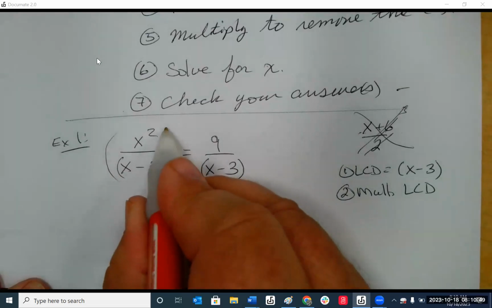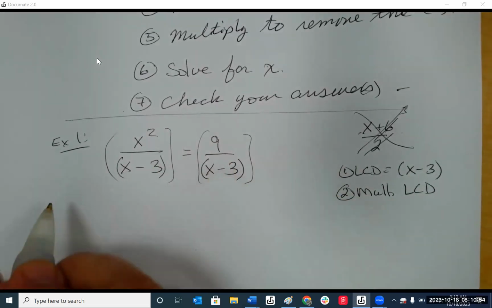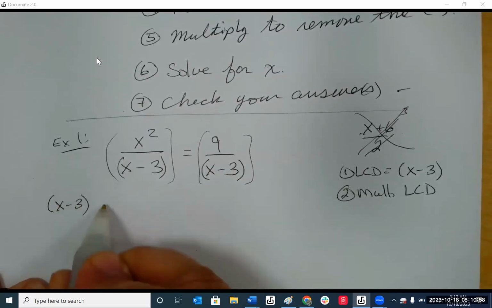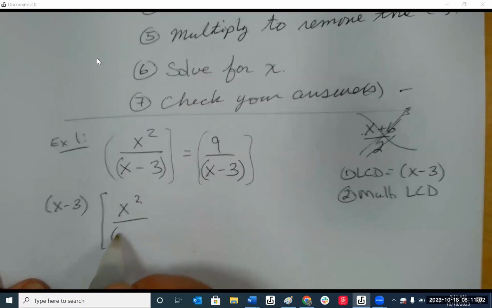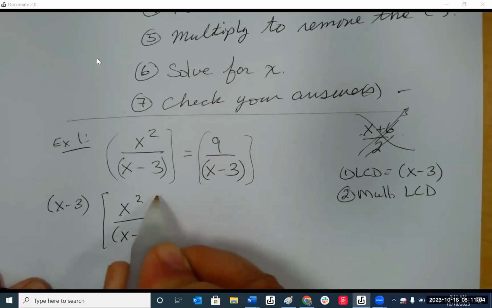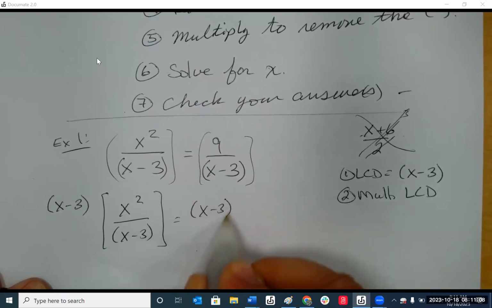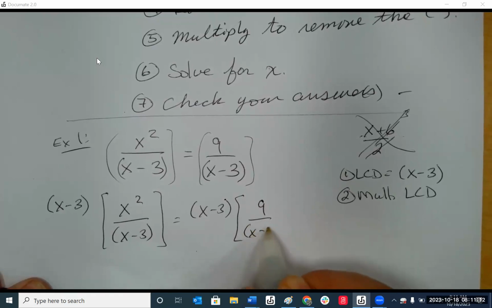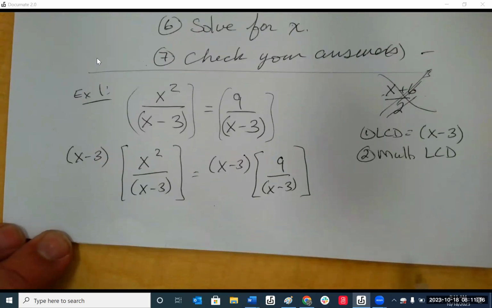We have two terms here. This term and that term. So I multiply x minus 3 to this one, and then x minus 3 to the other side. So I'm multiplying the LCD to each of the terms.